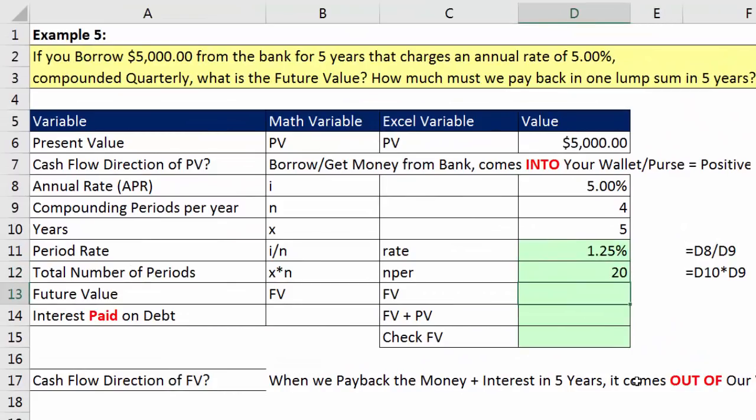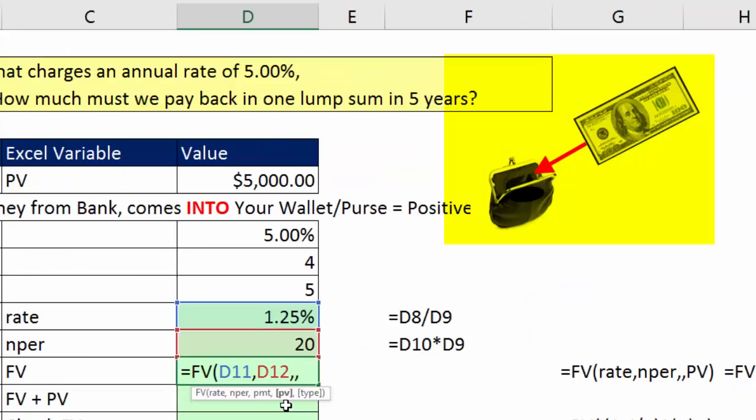So the future value function calculation goes like this. Well, the rate, that's the period rate, it's exactly the same, comma, NPER, exactly the same, comma, we have no payment, so we simply skip it, present value. This is a positive number. It's coming into our wallet, so we leave it as a positive.